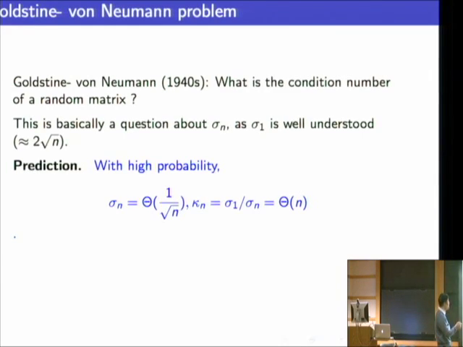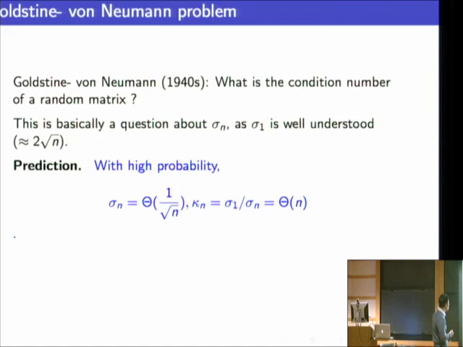Maybe not this building, but they were actually at the Crossroads building. They did try to build the computer at that time, and they wrote a series of 5 or 6 papers about what later became numerical analysis. One of the papers is entirely about the condition number of a random matrix.